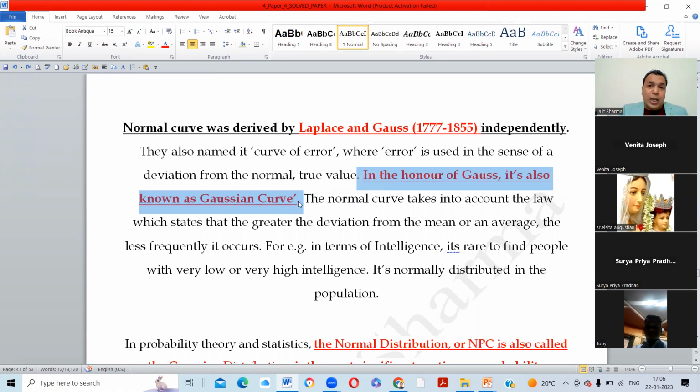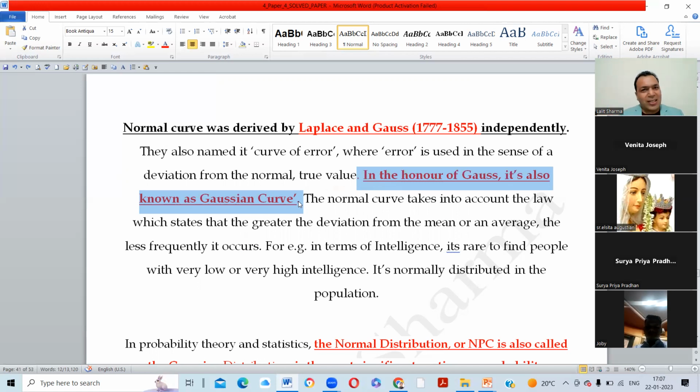Gauss invented this normal probability curve. First he derived it between 1777 and 1855, right? And in honor of Gauss, it is also called a Gaussian curve.